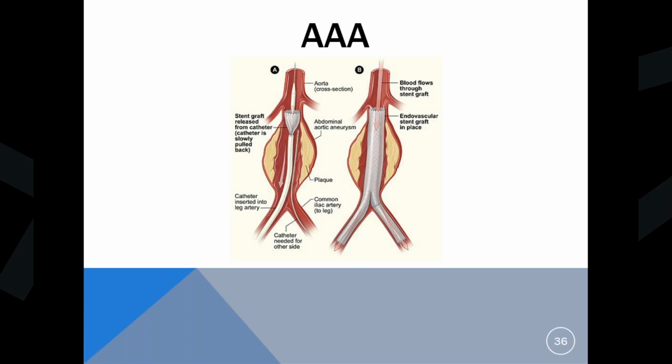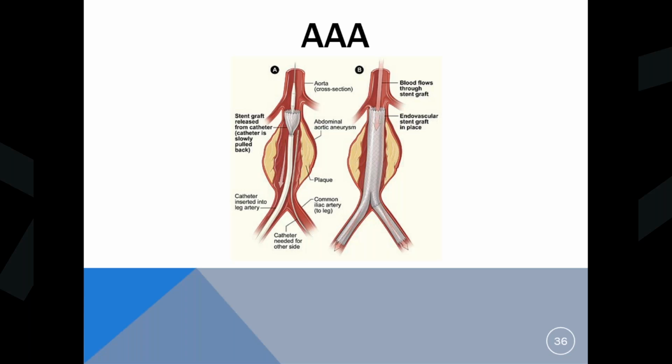Back in the day, if you got a AAA, you're pretty much done. It would be a rupture of your lower aorta, and all that blood would just go away. And like I said, the survival rate from that was low. With this procedure, through using ultrasound, they're actually quite successful now.